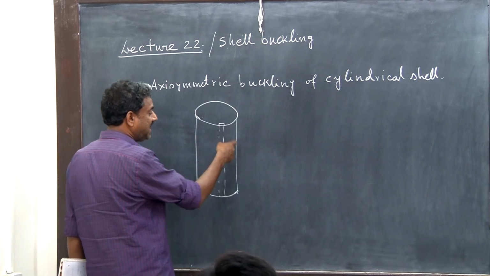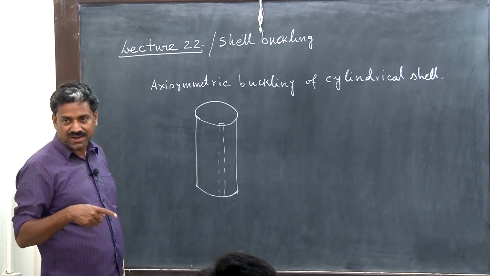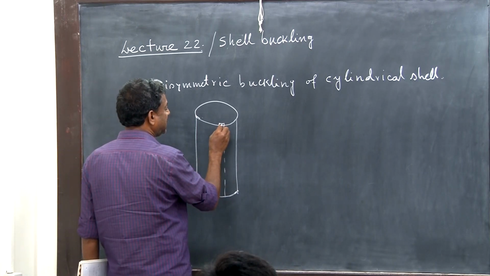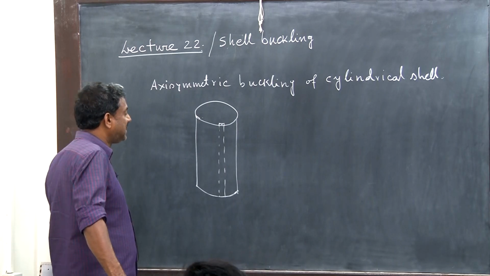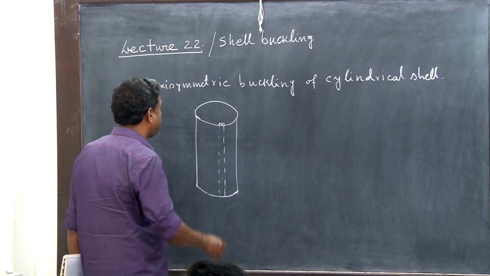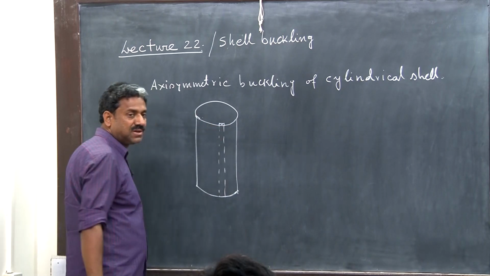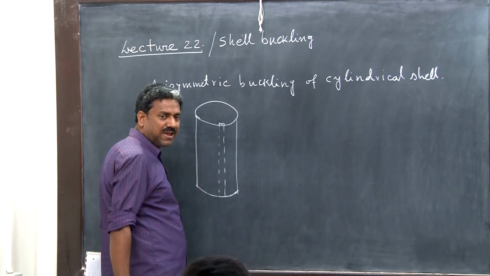We did not consider any bending in that circumferential direction, and this assumption is that the axisymmetric buckling of a cylindrical shell can be described reasonably using the bending of a single strip. That is a reasonable assumption for this case, okay.